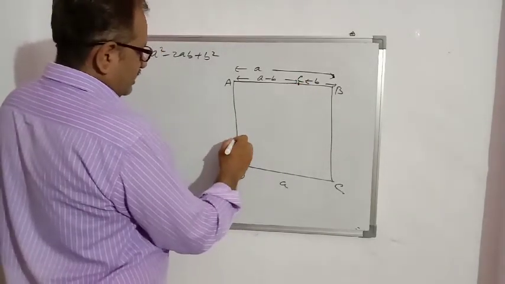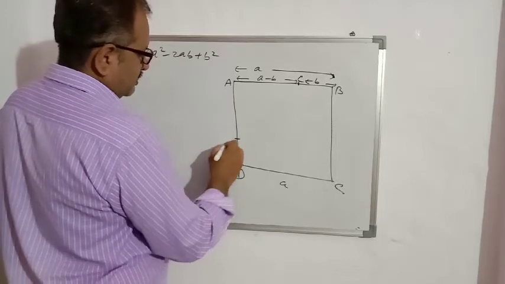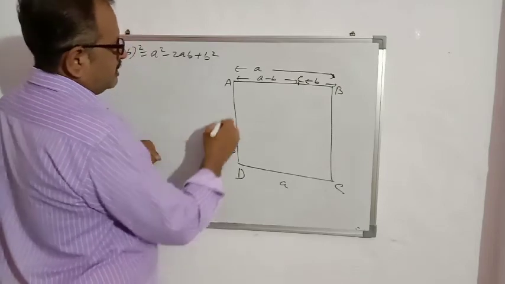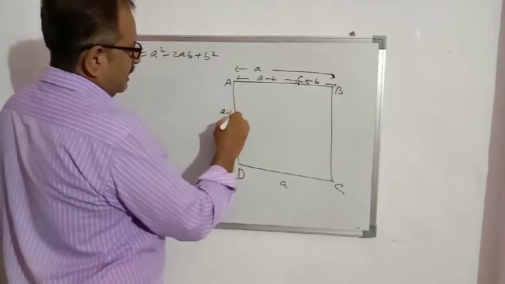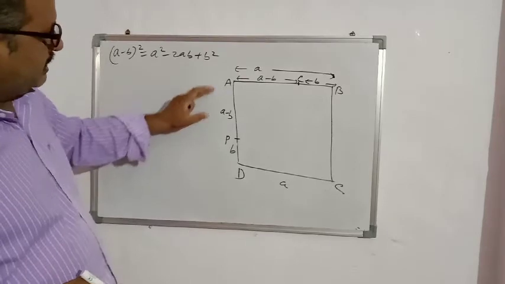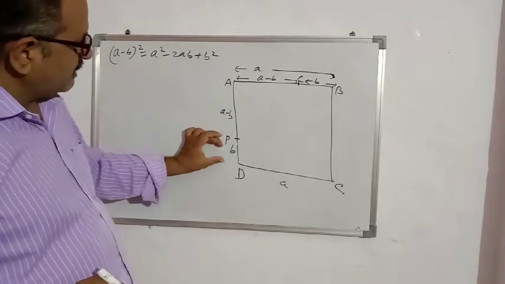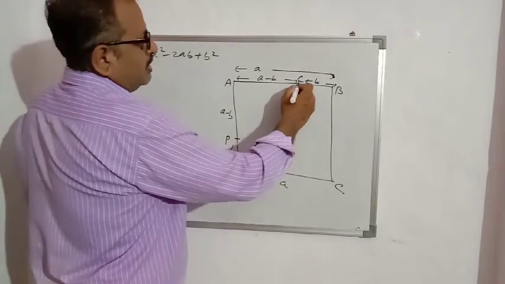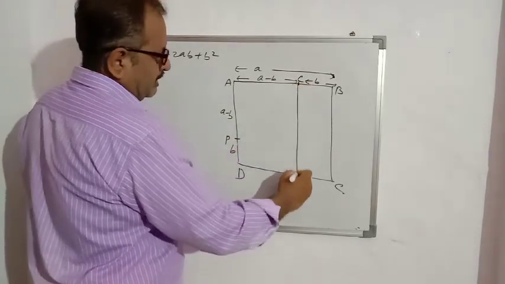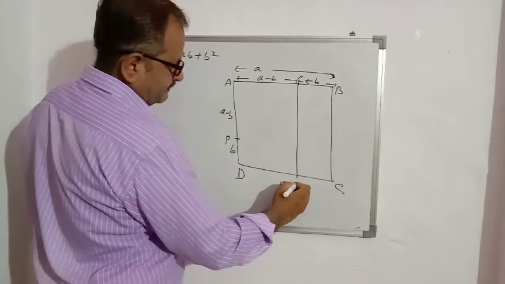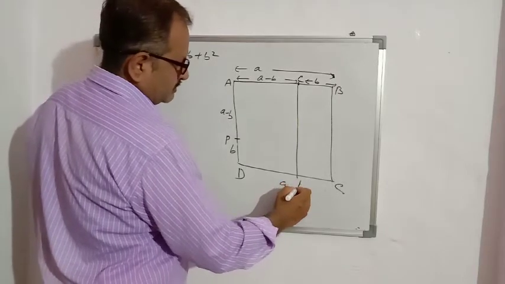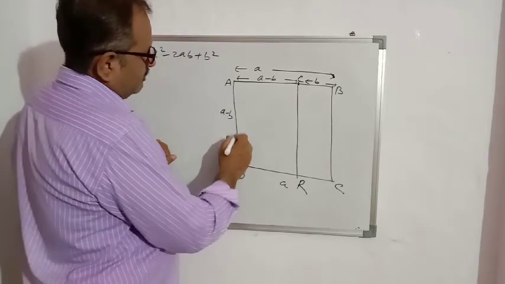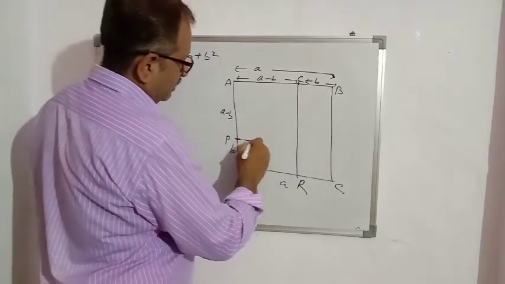Take a point P on AD such that PD is equal to b. Then AP is equal to a minus b. Now from C we will draw a line parallel to AD, and from point P we will draw a line parallel to AB.